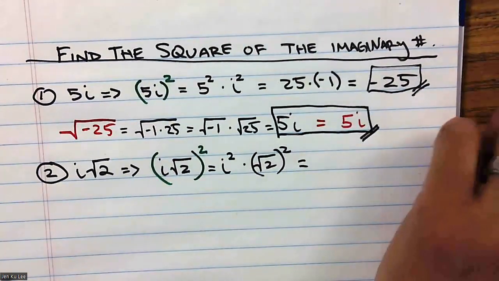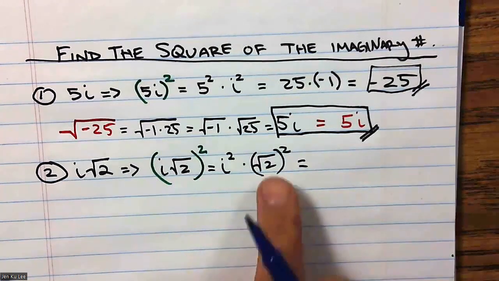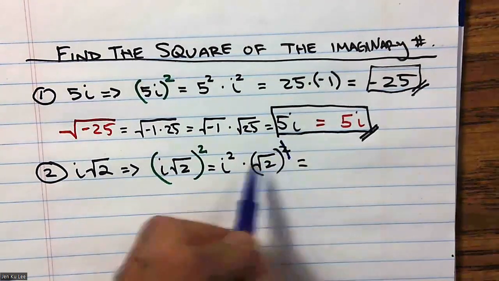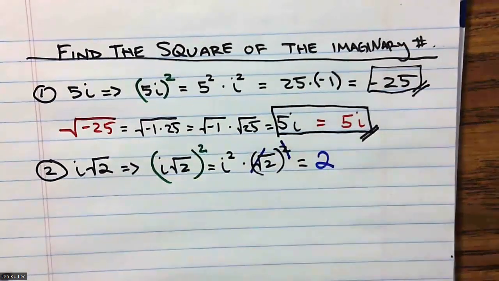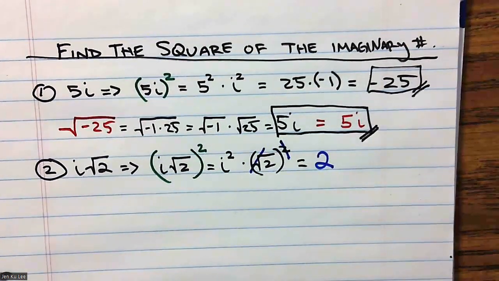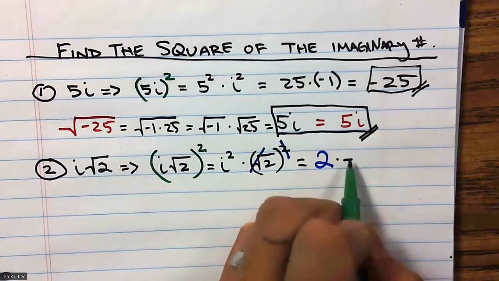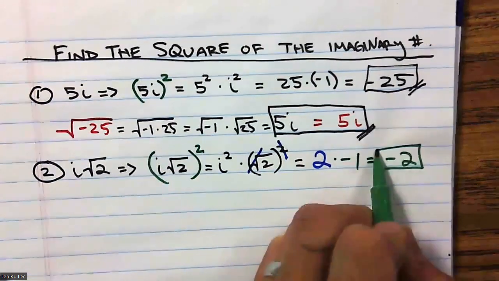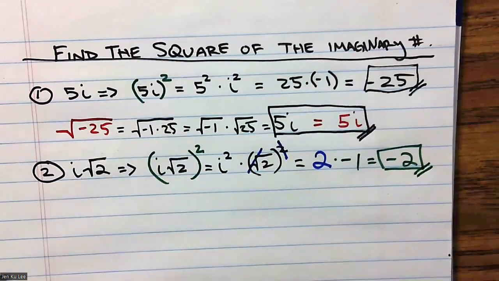There's the inverse operation again. Square root squared, so they would cancel out and I would have 2 here. What is i squared equal to? Negative 1, right? So that equals negative 2. Okay.